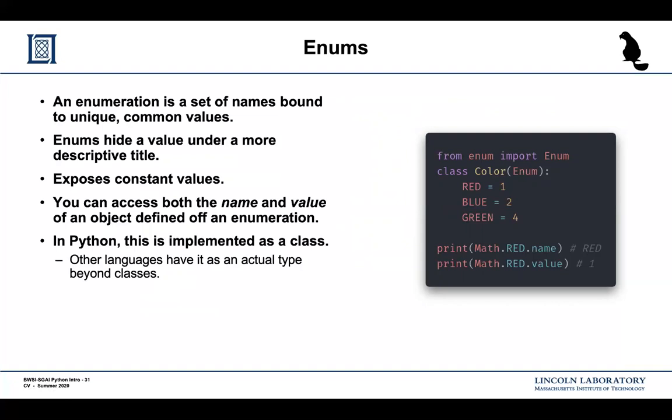Using the color here constrains you to just the 1, 2, and 4. You can't use anything outside of that. And when you're writing your programs, you know that that function is going to be used with only that type, and it'll only be able to pass in those values.